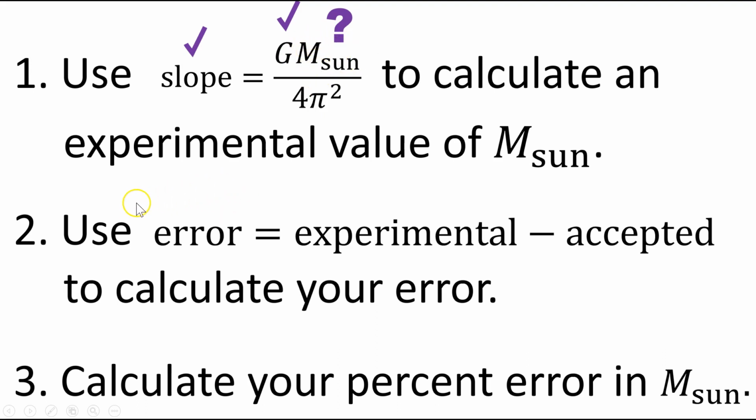Next, you'll do a Google search and find a reputable source that gives you the accepted mass of the sun. You'll use the error calculation to find how far off you were. You'll do a percent error calculation, and all of those calculations will be shown in your Notability file. That's our procedure. Let's see the next video, which walks us through the Excel work.